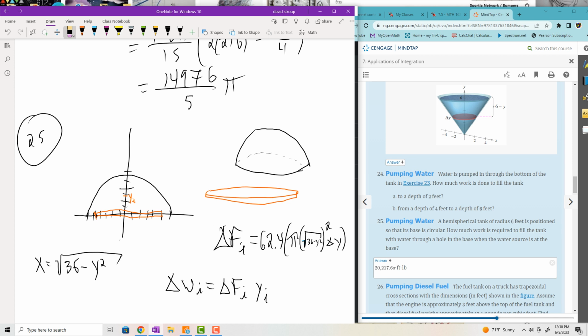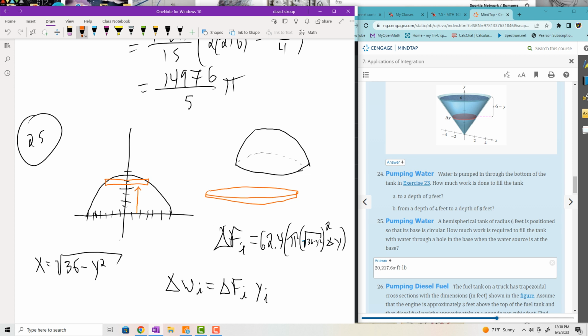In other words, if you had some other position, like maybe you were worried about this particular slab, in order to pump it into the hemispherical tank, you have to pump it from here to there. Okay? So if it's at position 4, you have to move that disk 4 places to get it to where it is.